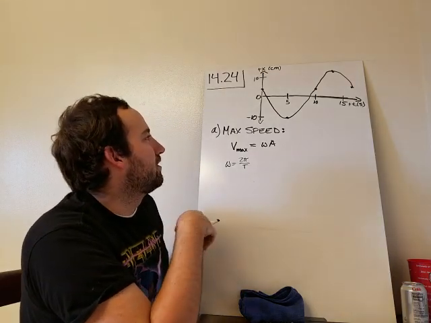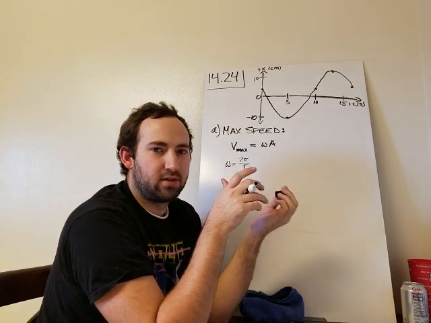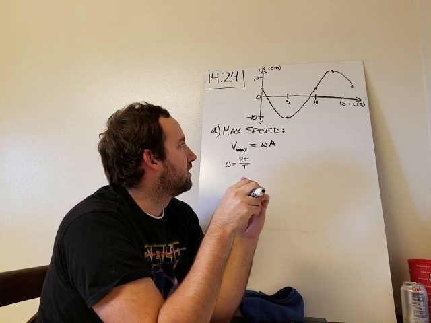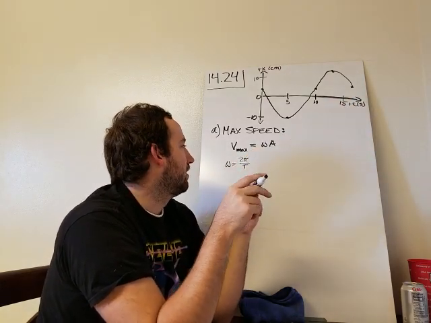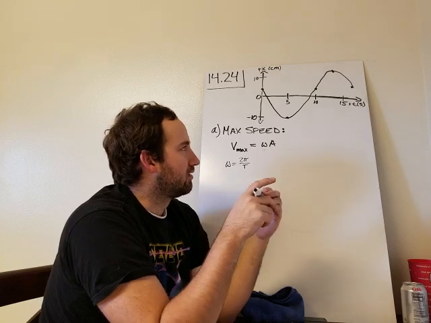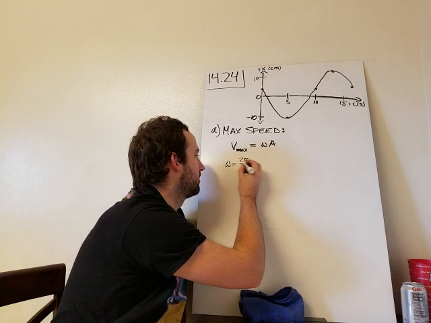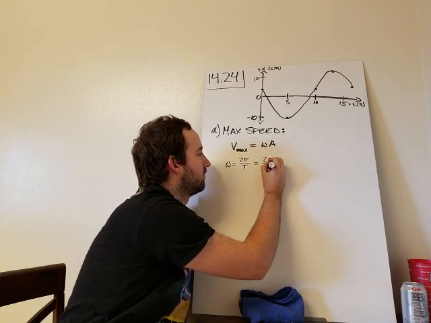And we know that the period is the amount of time that it takes for one complete cycle to happen. And so in this, it's about 16 seconds is my guess, about as close as I could think. So that means our angular frequency is going to be 2 pi over 16.